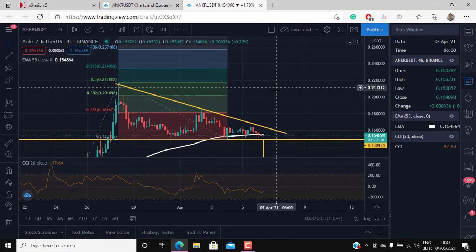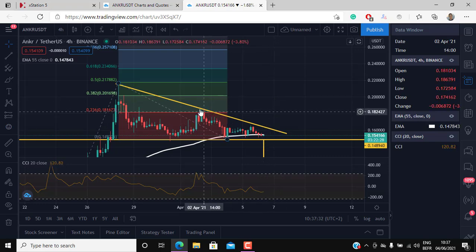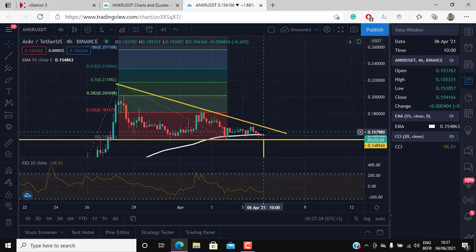Same thing for the upside. If we do break and then we fail to take this resistance here, you can go long and take some profit around this area here, move your stop loss to the entry level, and then if it moves back down, well, hey, you have taken some profit around here, which means that you made some profit. And if it touches your stop loss at the entry level, well, you get zero.